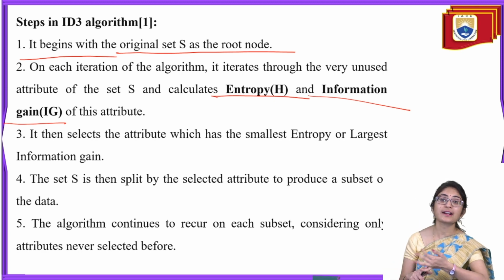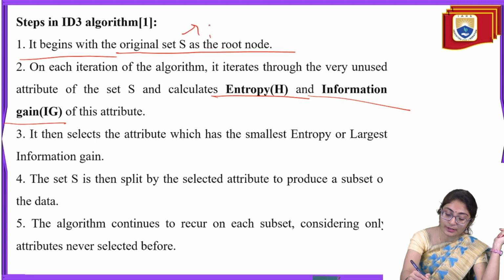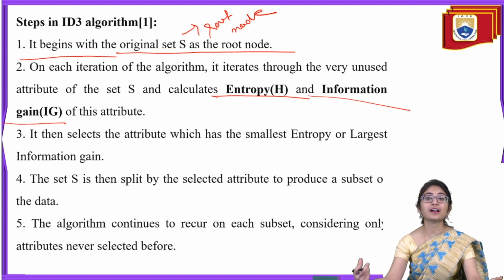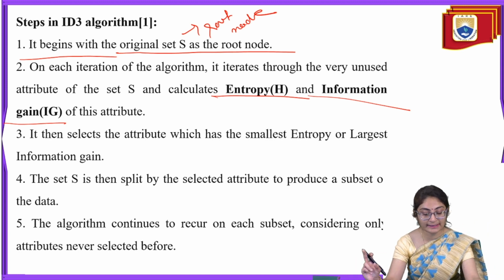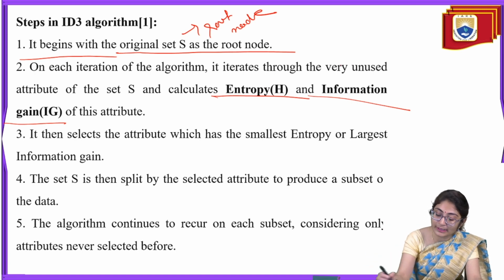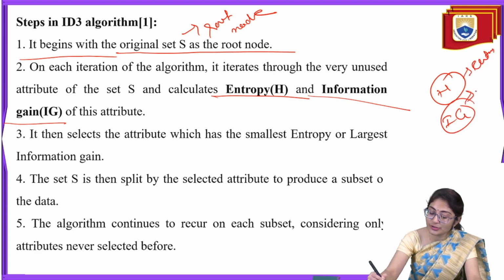So first, you start with the original set S, which will be your root node. Then you iterate over the unused attributes of the set S, and on that basis you calculate your H and your IG. H means entropy and IG means information gain.